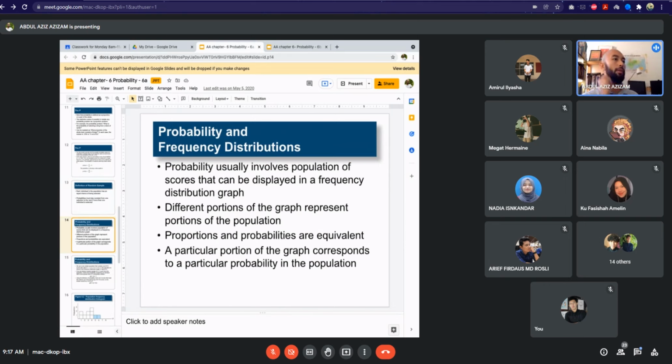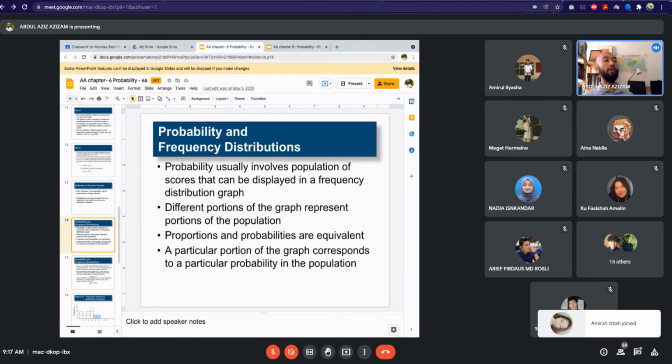Okay. Probability and frequency distribution. Probability usually involves populations of scores that can be displayed in a frequency distribution graph. From now until the end of the semester, we will sketch the bell shape graph a lot.